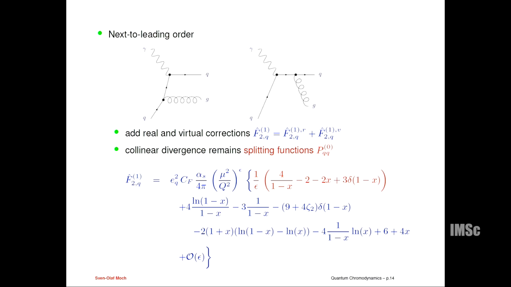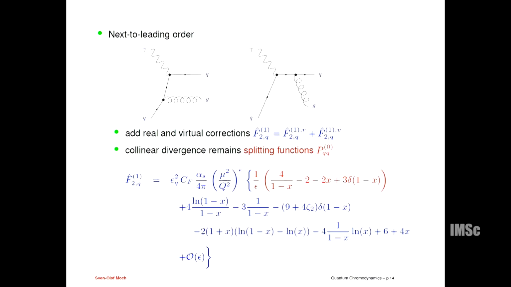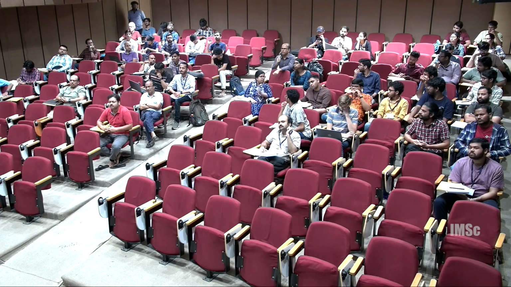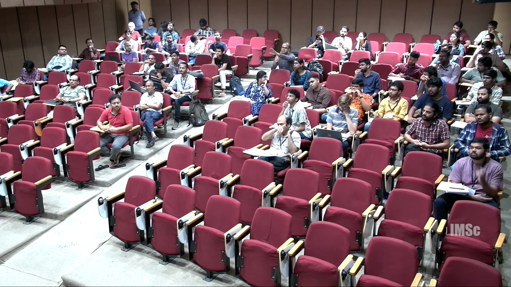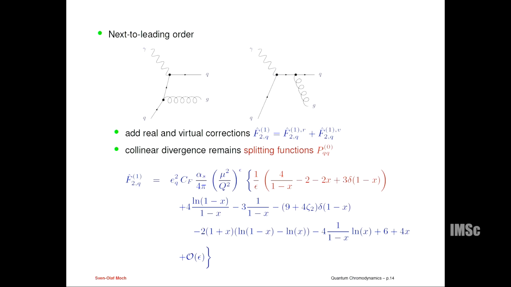Is there a way to see where the zeta function in the middle, the coefficient of delta, is originating from? Yeah, this one here. Okay. This is the coefficient function, which I'll discuss in a minute.